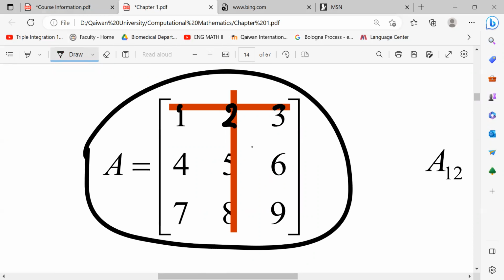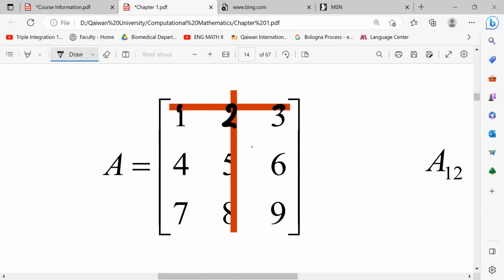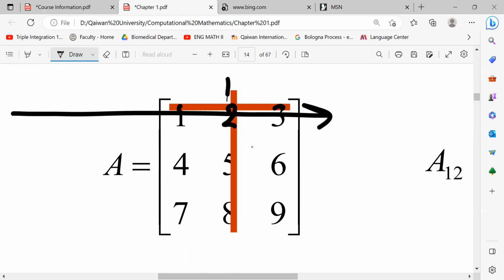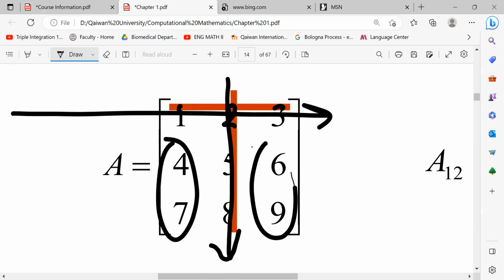It's called a submatrix. Look, here, by removing this row and this column, what's left here? We get only these 4 elements. And these 4 elements are called a submatrix.